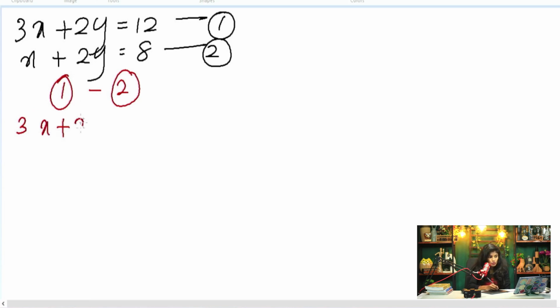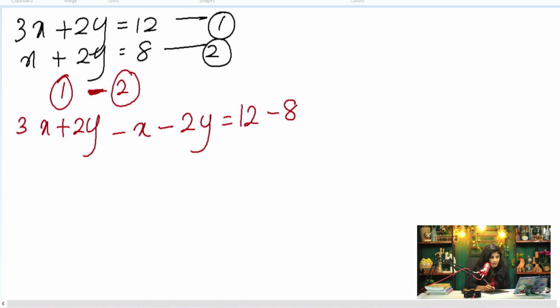3x plus 2y. Subtract the second one. Subtract x means negative x. And the negative mark is related to this 2y also. So minus 2y equals 12 minus 8. Okay.